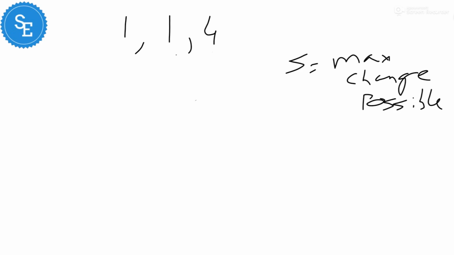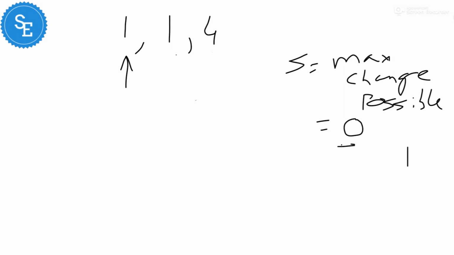Currently we'll initialize s with 0. So our s value is 0, and we'll come to this point. This s now has the maximum change possible. So currently the maximum change possible is 0. After this, the maximum change that can be possible is s plus 0 plus 1, that is 1.